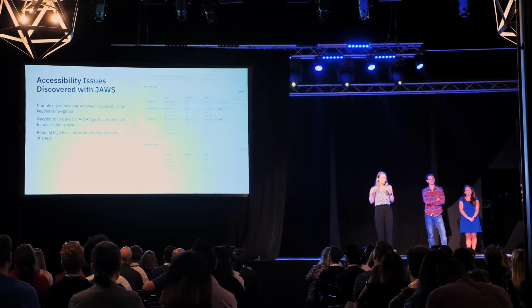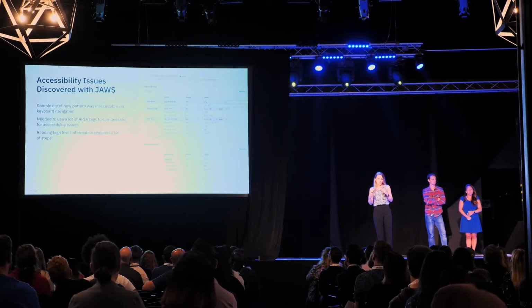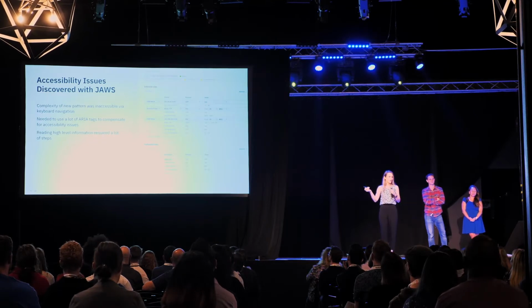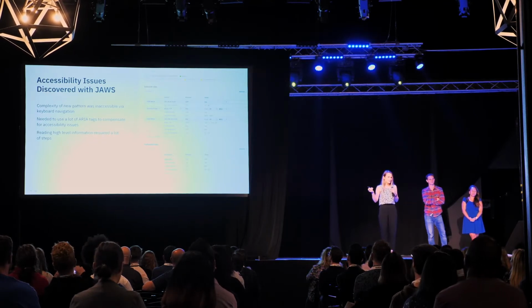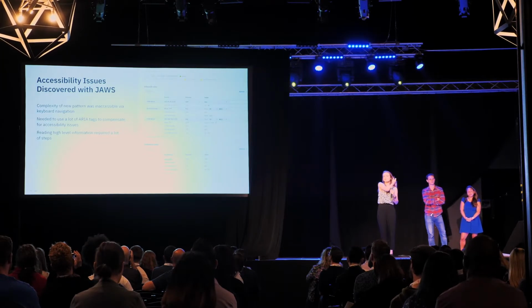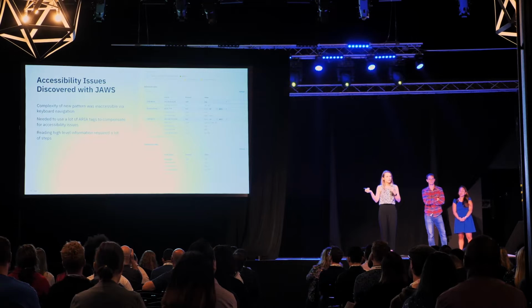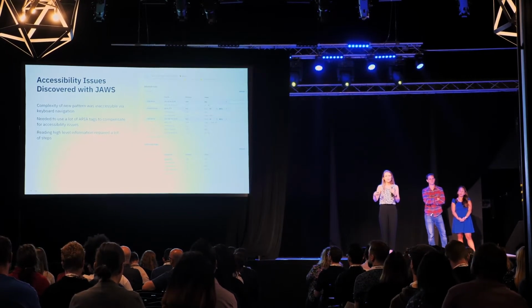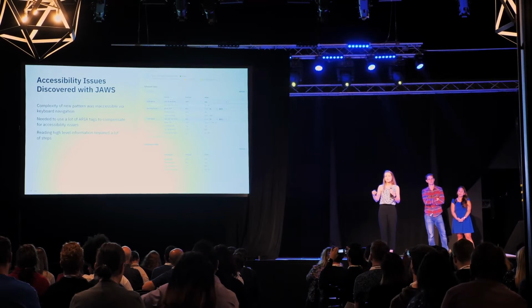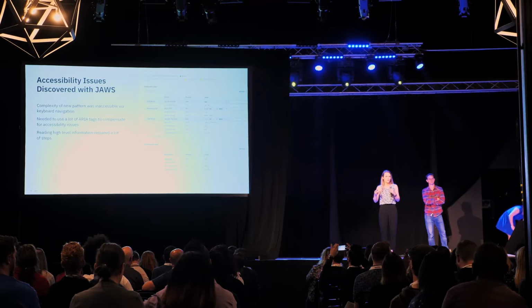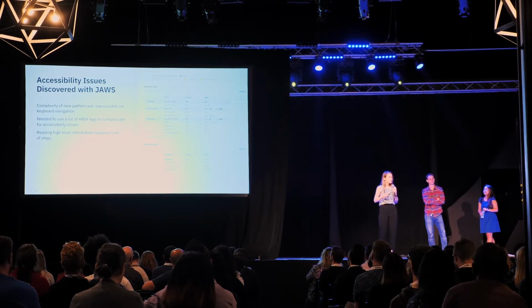So we didn't really realize a lot of issues with this table until we worked with our coworker, Randy, and he used JAWS to engage with our product and give us feedback about what it was like to edit, to read, to input values, all sorts of basic common behaviors that you would do with a table.